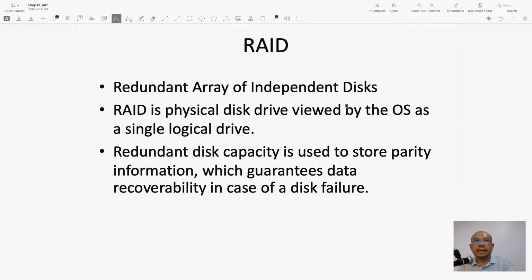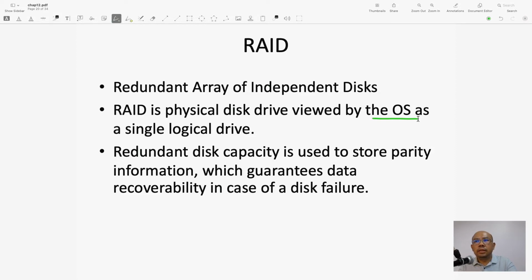What is RAID? RAID is a redundant array of independent disks. RAID is a physical disk drive arrangement organized by the operating system. Most systems, when you buy a computer, do not implement RAID in a laptop or a general desktop, which use only a single hard drive.